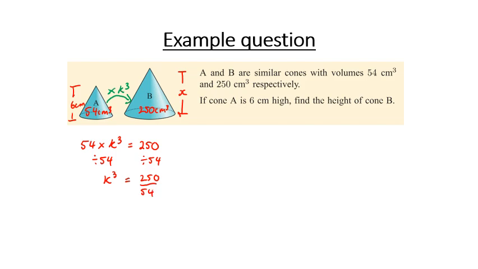I know I can divide both by 2, so I can cancel this down to 125 over 27. That's fantastic because both of those numbers are cubed numbers. So therefore I can cube root everything, and this would give me k equaling 5 over 3.